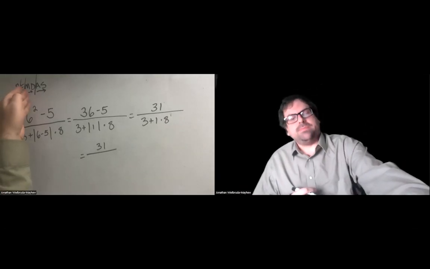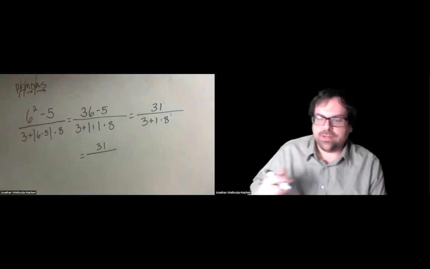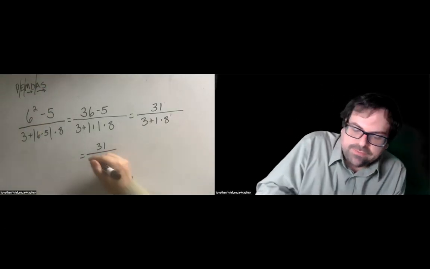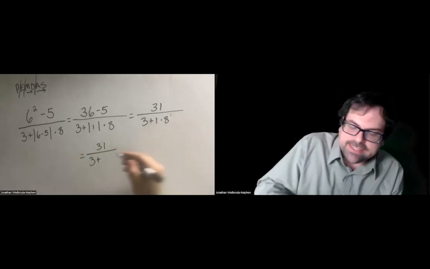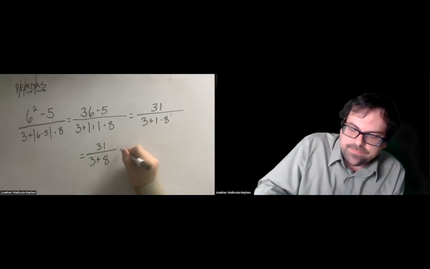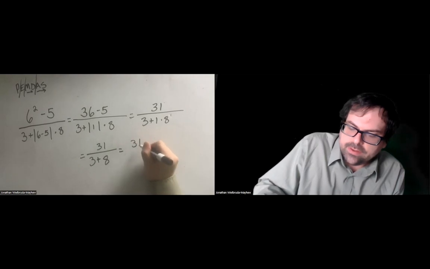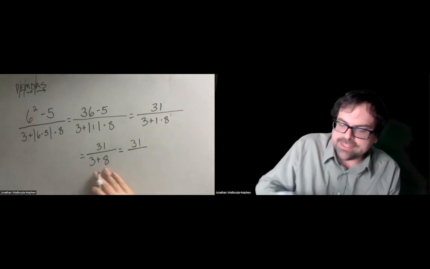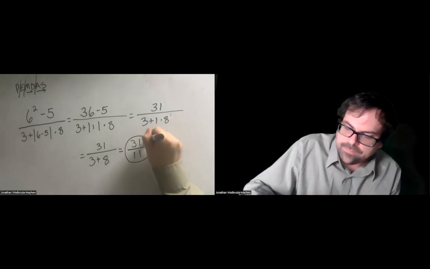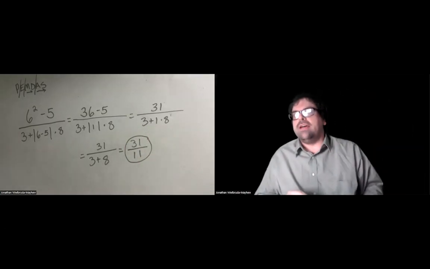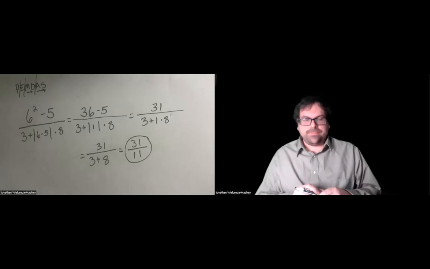PEMDAS says multiplication comes before addition. So leave the 3 plus alone. 1 times 8 is 8. And then 3 plus 8 is 11. 31 over 11 is our answer.